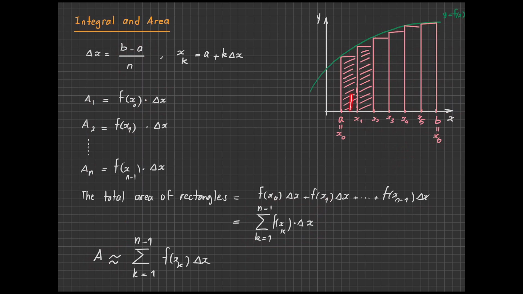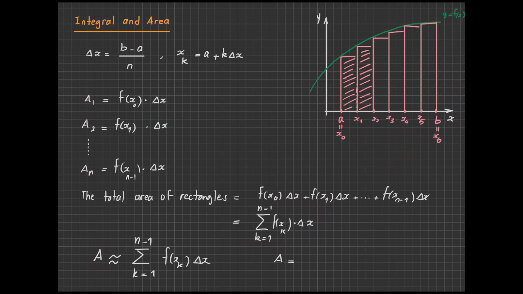So for example, if I divide this by 2, then I have one rectangle here. So I still make errors, but these two errors are smaller than the previous error. So that's the whole point here. So hopefully I could make this plausible for you, that if you want to calculate the area, what do you do in principle?